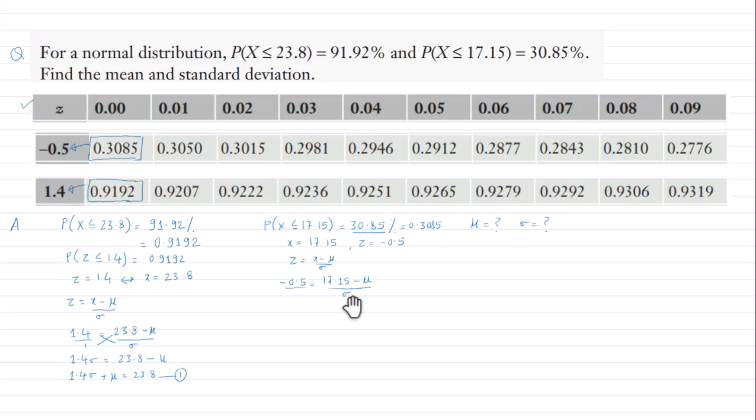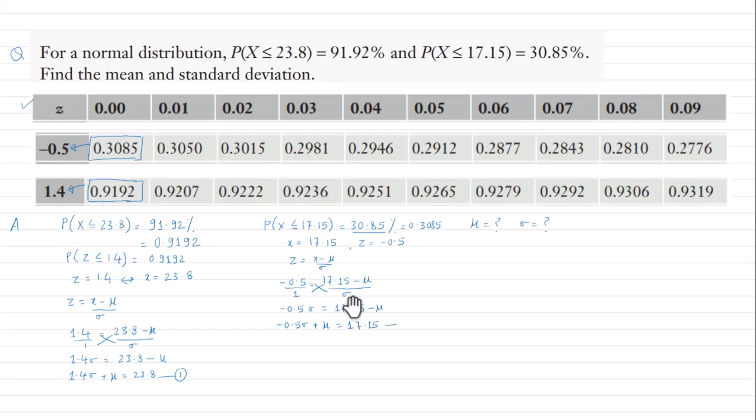So I can take this denominator as 1 and do a cross multiplication straight. So this will be minus 0.5 sigma equal to 17.15 minus mu. If we take mu on the left hand side, this will become minus 0.5 sigma plus mu equal to 17.15.